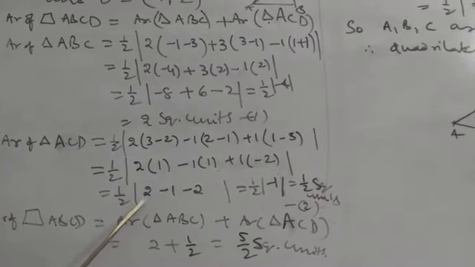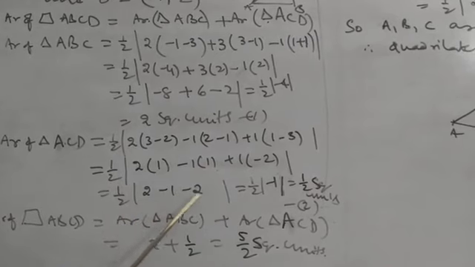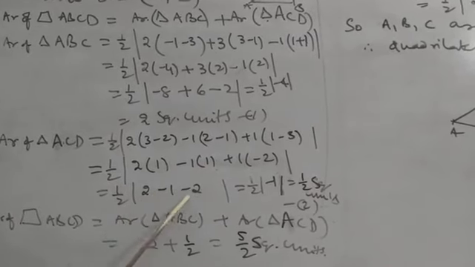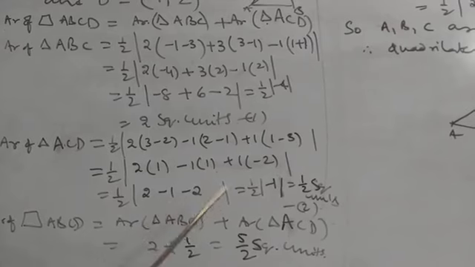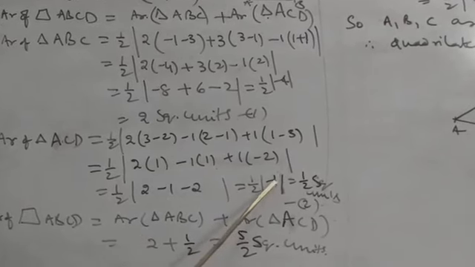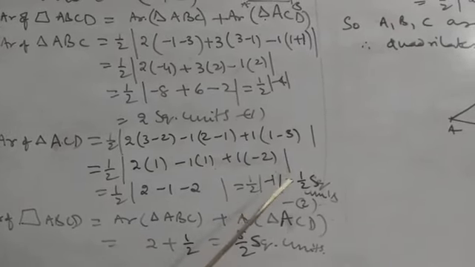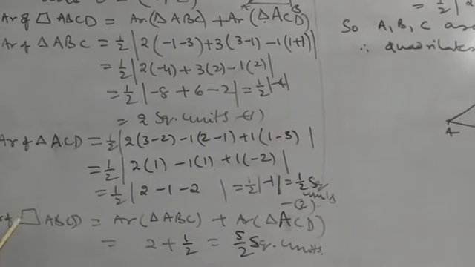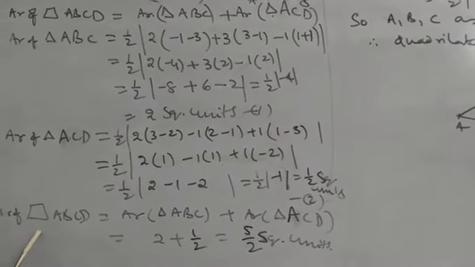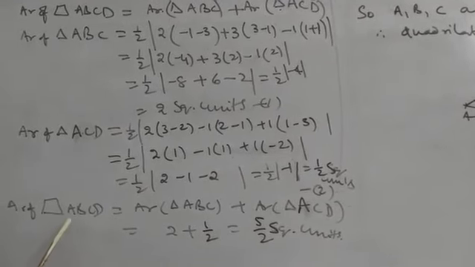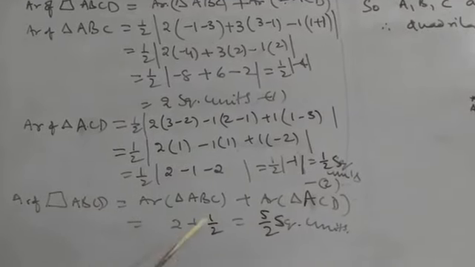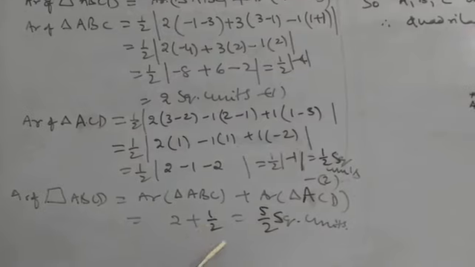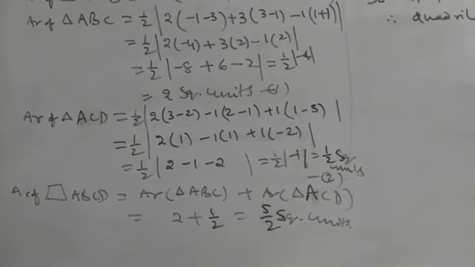That is nothing but 2 minus 1 minus 2. Plus 2 minus 2 cancel, you are getting -1 under modulus. So half of modulus of -1, that is nothing but 1. So 1 into 1 by 2, it is nothing but 1 by 2 square units. Therefore, the area of quadrilateral ABCD is nothing but the sum of these two areas. That is nothing but 2 plus 1 by 2 equal to 5 by 2 square units.